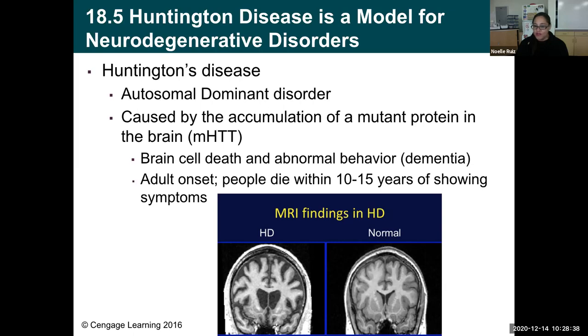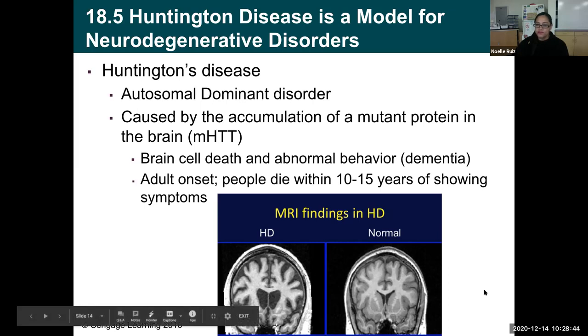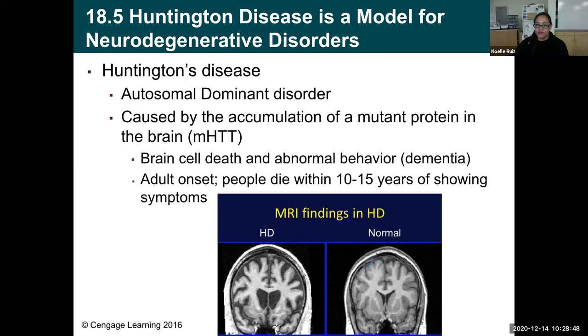And you can see the MRI findings on the right. In the normal brain, you can see the brain all filled in. It's nice and fat. It has a lot of different branches. And then here you have all this space.